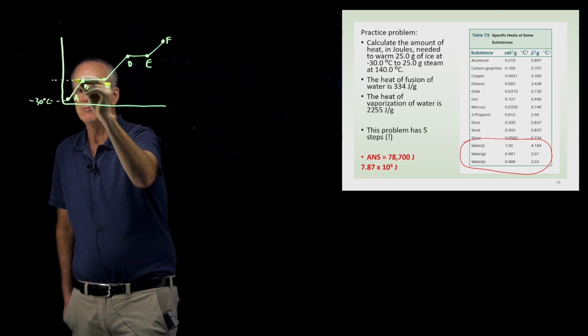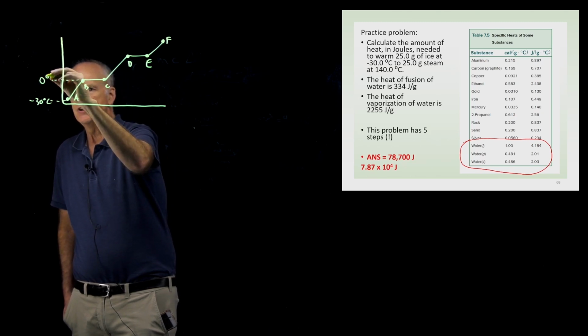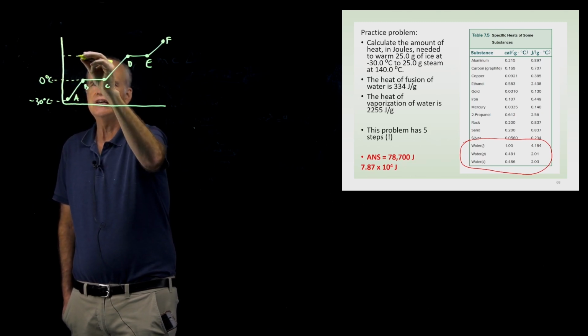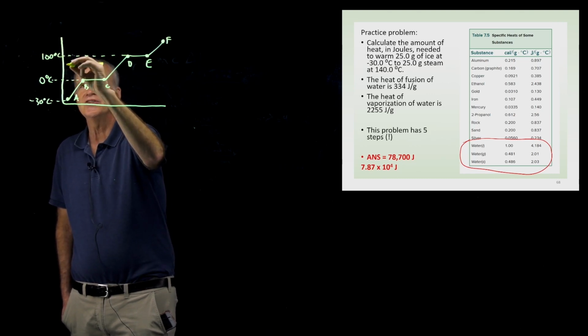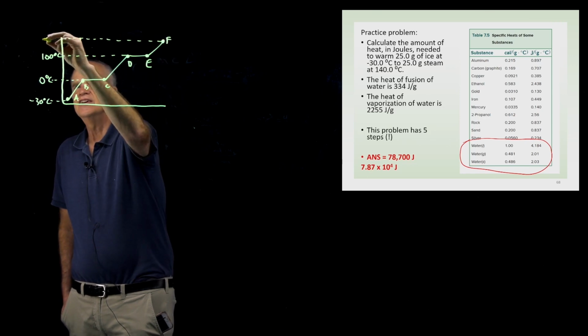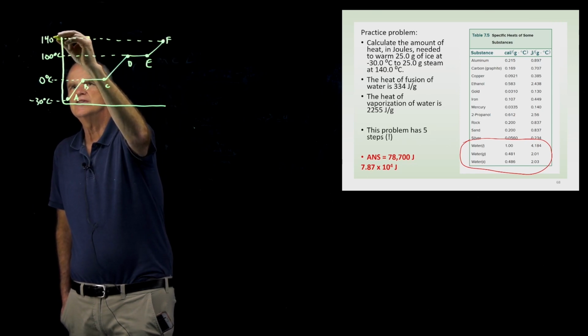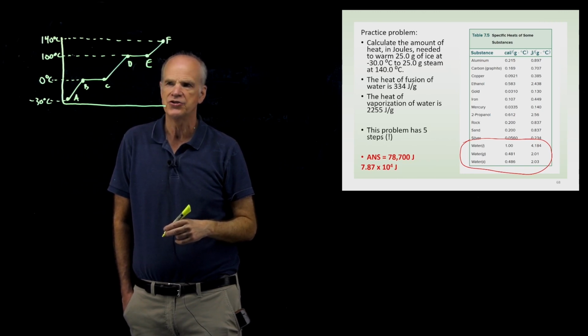And then B is the melting point. BC line here is 0 degrees Celsius. And then D is 100 degrees Celsius. And then F here is 140 degrees Celsius. And so to solve this problem, you really have to break this down into steps.